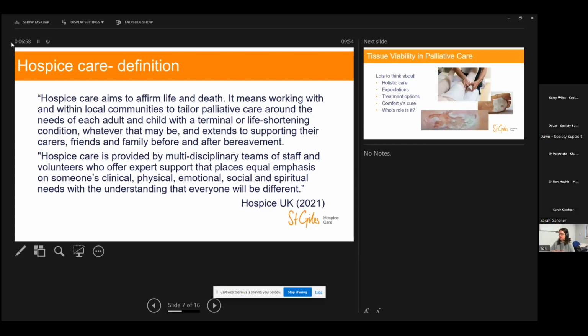Which then spread across the world, but definitely over the UK, and has led to the hospices that we have within this country now. It's really quite interesting where hospice comes from. I've just started my PhD, and one aspect is looking at this and trying to track back how hospice started all the way back 2,000-3,000 years ago. It's really quite interesting. But this modern hospice movement is very much around affirming life and death.